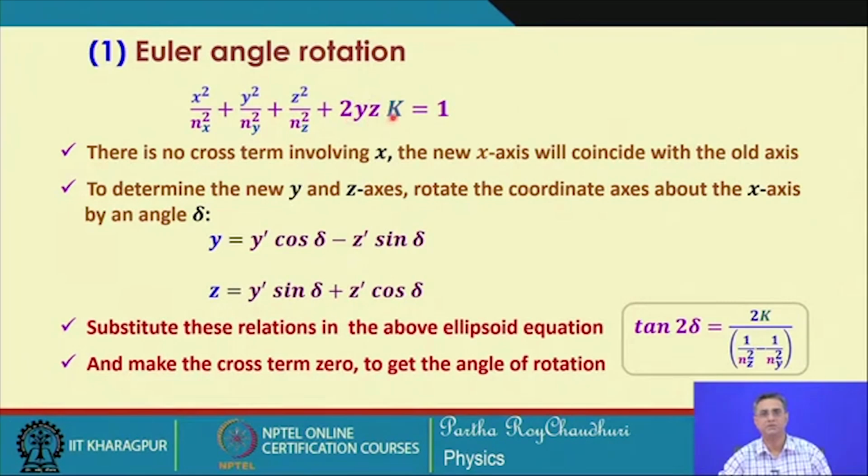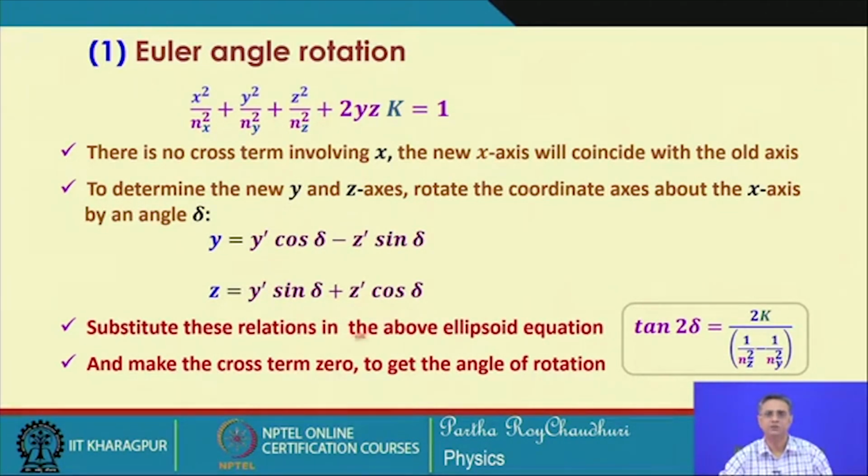If I make this cross term y dash z dash equal to 0, that will give me a condition that leads to the rotation angle: tan of twice delta is equal to this. We will see this expression from a tutorial discussion, that for any general index ellipsoid of the form a x square plus b y square plus c z square plus d into x y equal to 1, how we can get this relation.